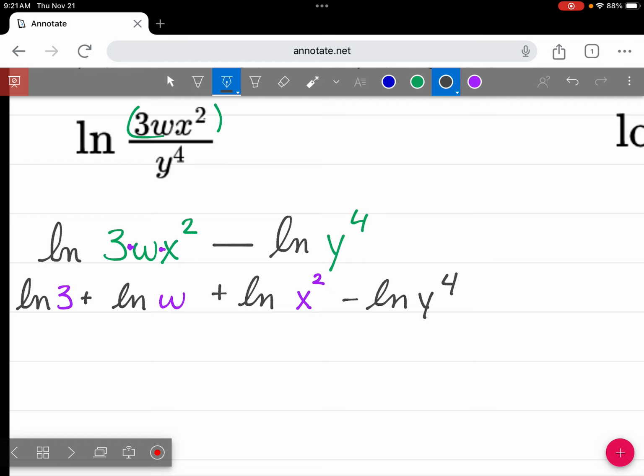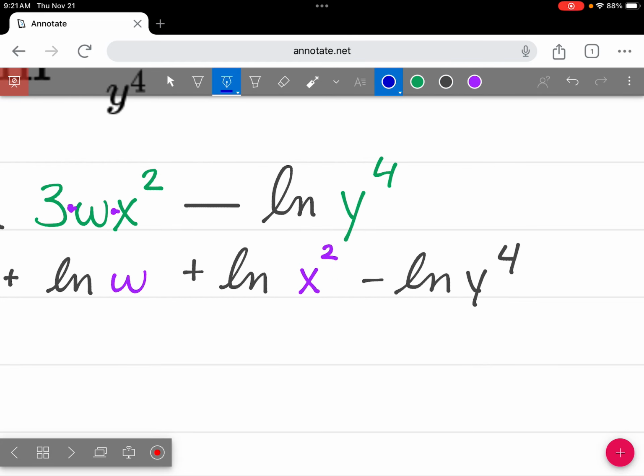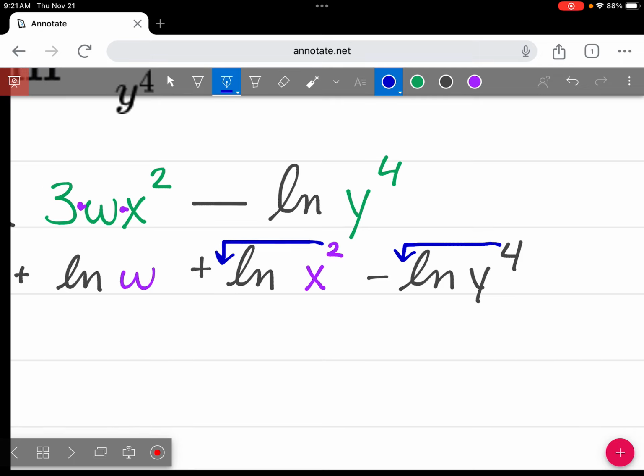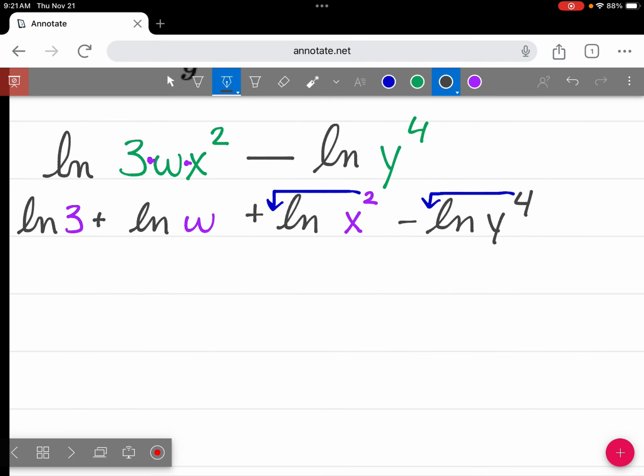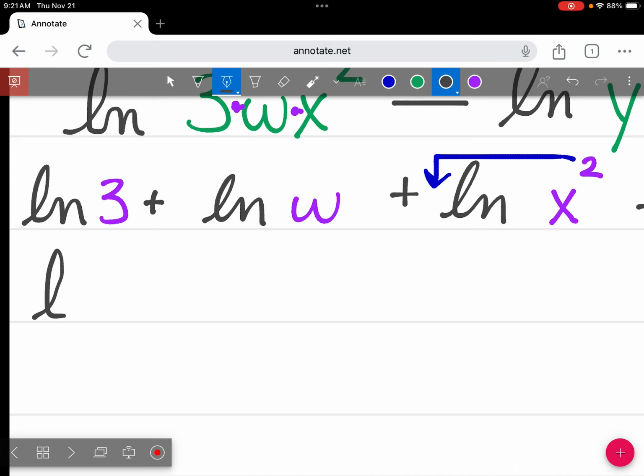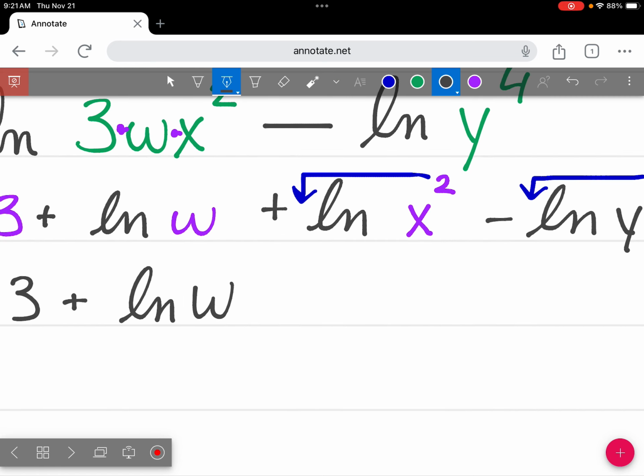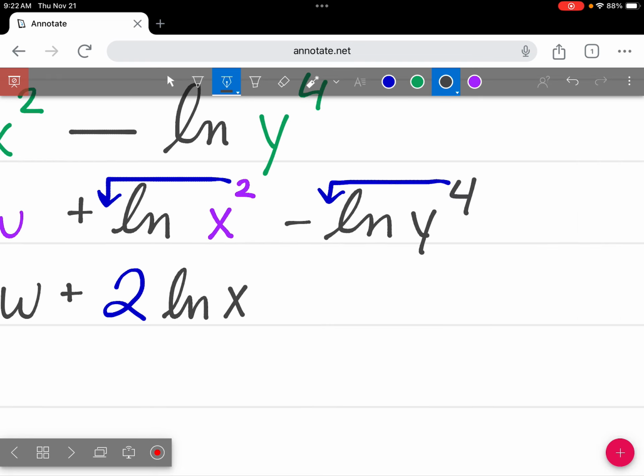And then our last piece that we need to do on this expansion is to bring down our powers. Our powers need to come down and be our coefficients. So our fully expanded out version, the first two don't change at all, our natural log of 3 and our natural log of w, plus 2 natural log of x, minus 4 natural log of y.